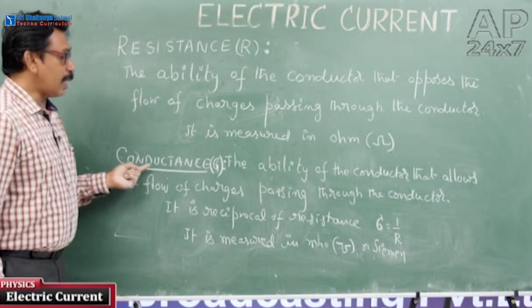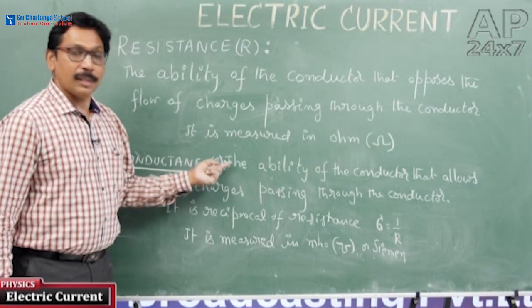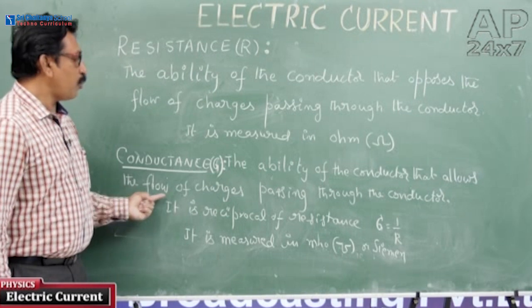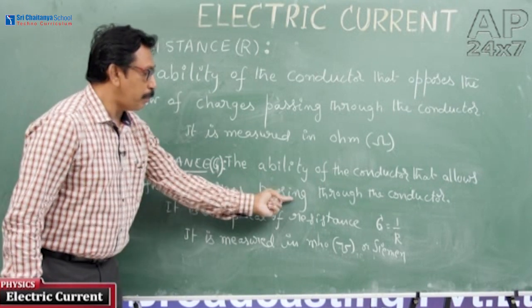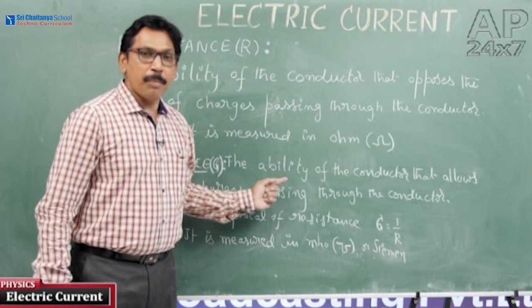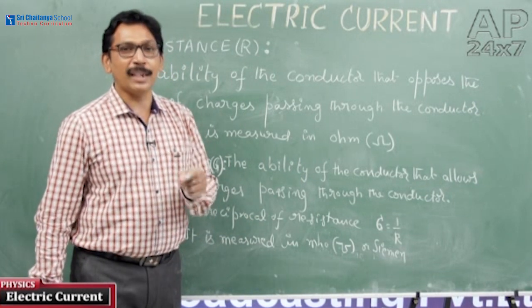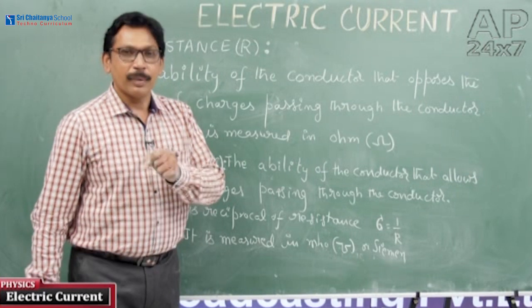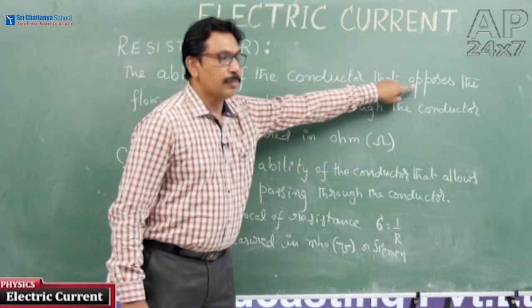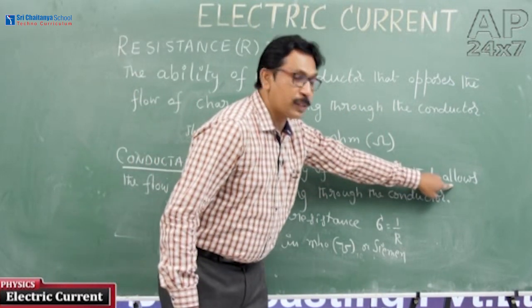Next one is conductance, represented by a capital letter G. It is the ability of the conductor that allows the flow of charges passing through the conductor. Earlier I used opposes; now, instead of opposes, I am using allows.